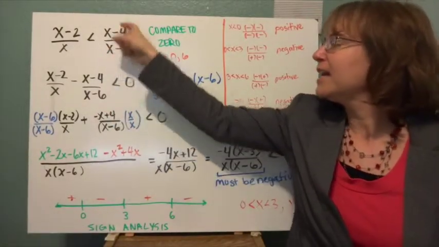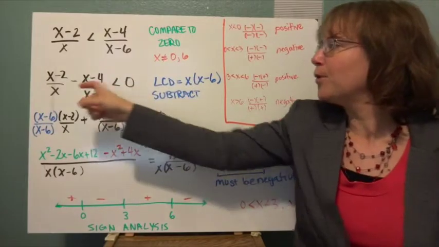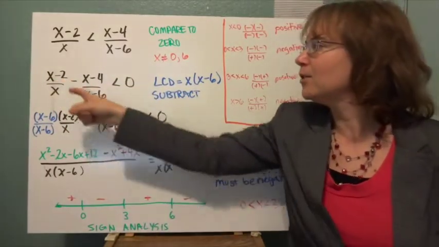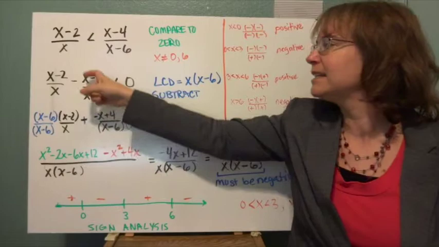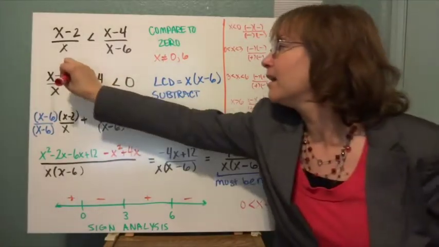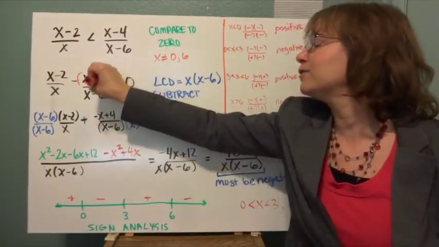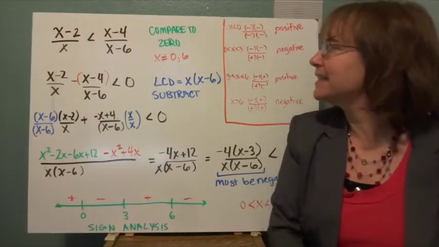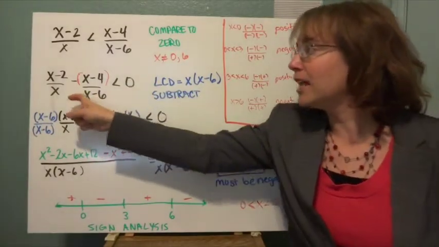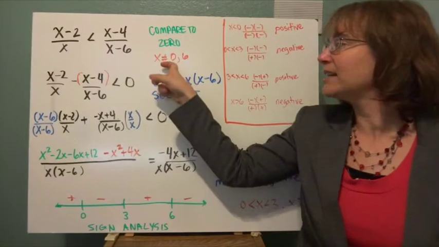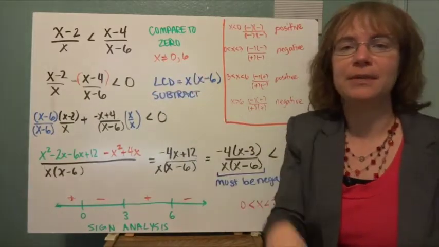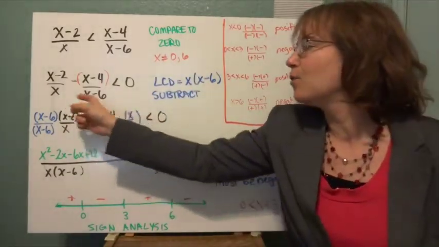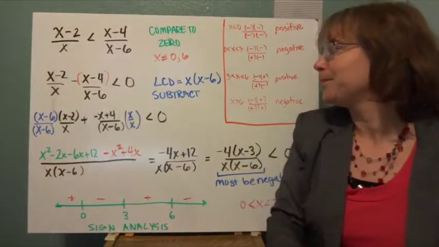So subtracting this rational expression from both sides, I have x minus 2 over x minus the quantity x minus 4 over x minus 6. Now, looking at my excluded values again, I know x cannot be 0 and x cannot be 6. Those values will make a 0 in the denominator.